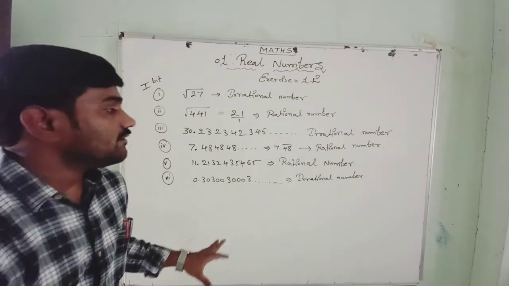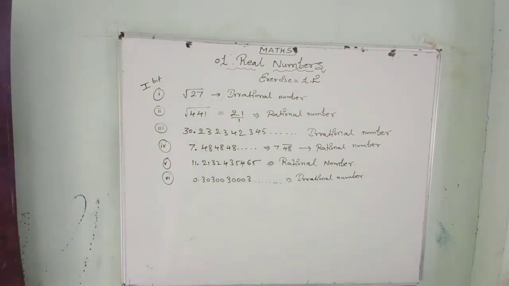See that clearly, as we have discussed these 6 out of 6 here. The first one is an irrational number. The square root of 441 can be written as 21 actually. Root 441 equals 21. It is a rational number. And the third one is a non-terminating, not repeating decimal number. Also the sixth one is a non-terminating, not repeating decimal number.